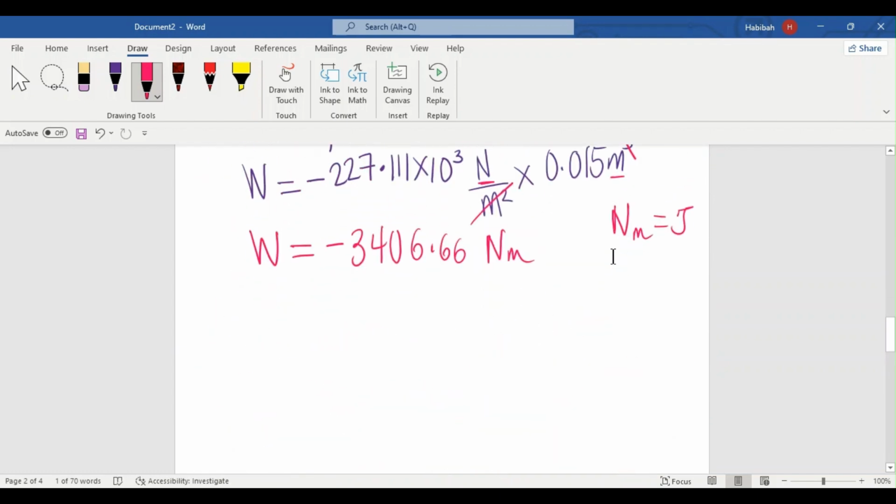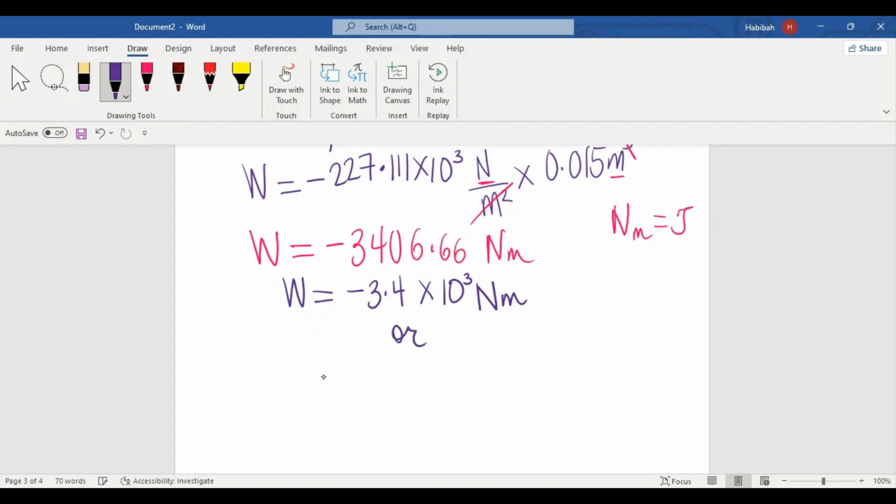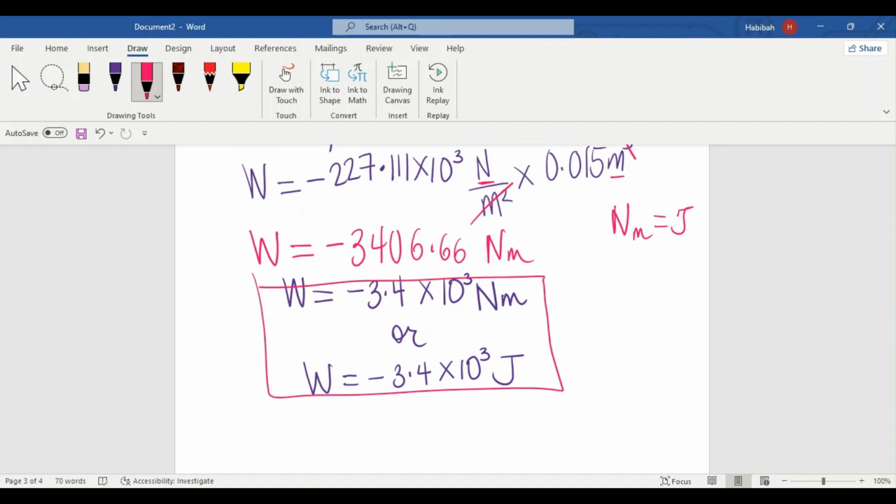So we have to put this answer in 2 sig figs. So work done equals negative 3.4 times 10 raised to the power of 3 joules, using scientific notation. So this is basically the answer to the question.